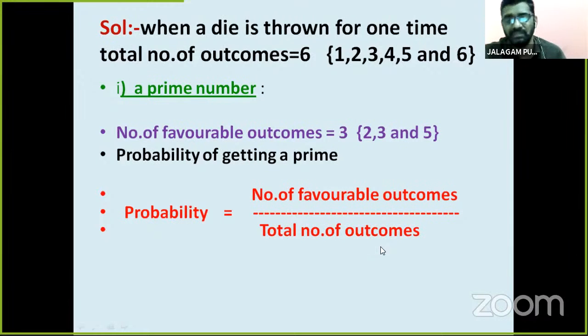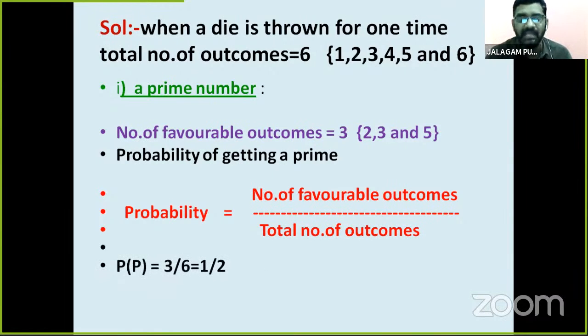We substitute the values. The probability of a prime number, P, is equal to 3 by 6.